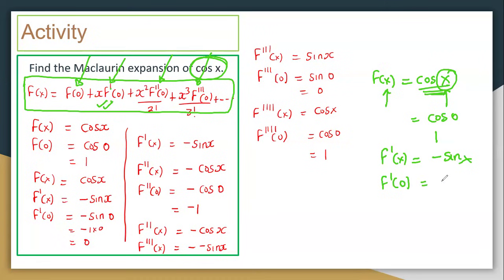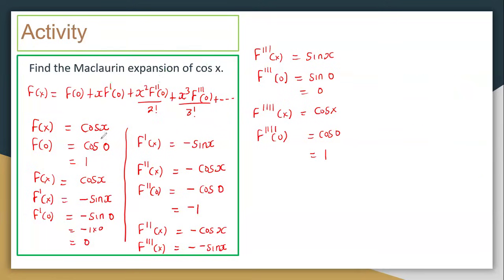So you substitute and end up with negative sine of 0, which is 0. Then you continue to the second, you differentiate again. You keep on differentiating, but whatever function you differentiate, you substitute the value of x as 0. So that is what we do for these functions.